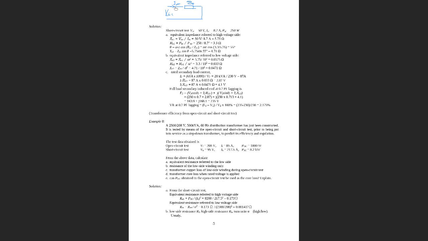Now refer to the high voltage side. The equivalent impedance referred to the high voltage side is the impedance equal to the voltage over the current, because this is a short circuit.